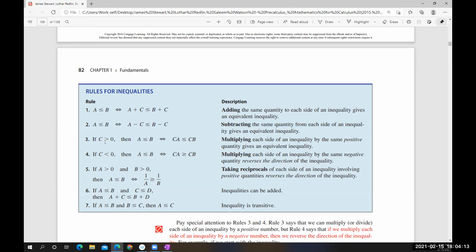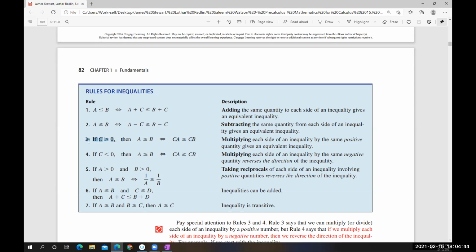If you have a positive number C and A is less than B, then A is less than B if and only if C times A is less than or equal to C times B. So you can multiply, and that may or may not help you simplify an inequality. In fact, it will, because multiplication is really dividing too.